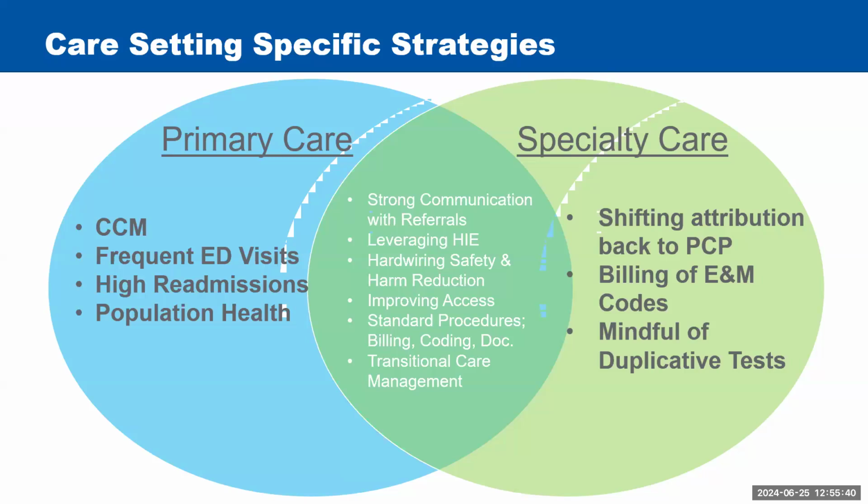And across both, we've already talked about this, but essentially we want to make sure that we're hardwiring safety, that we're focused on harm reduction, that you're looking at how to improve access, right? Whether it's extending clinic hours, whether it's utilizing your advanced practice providers to their full licensure. We can see sometimes that's really an underutilized resource that you have at your fingertips.